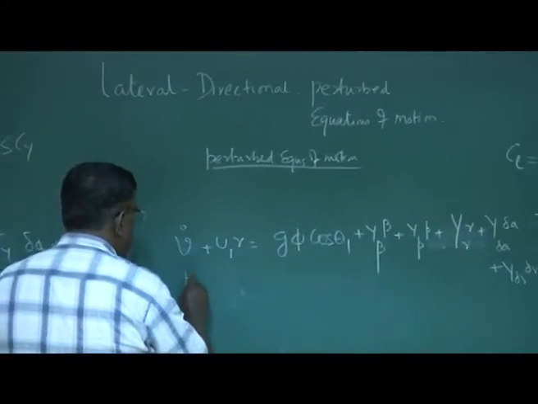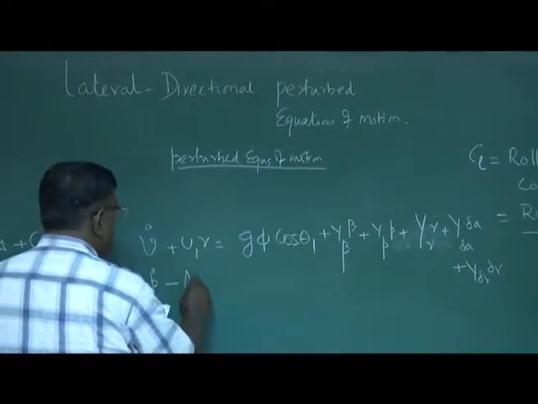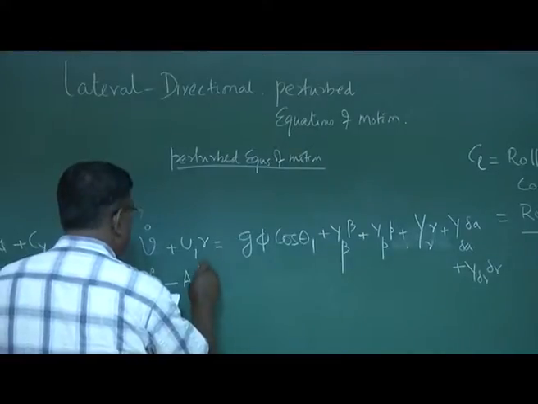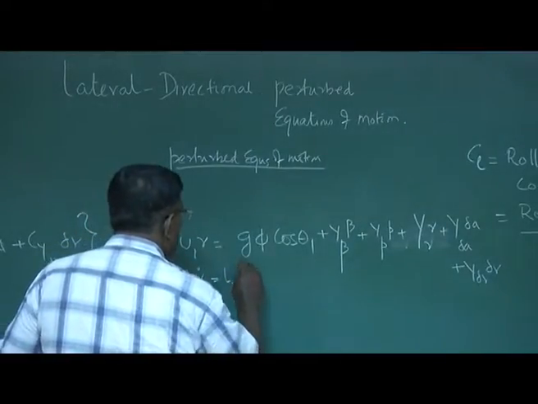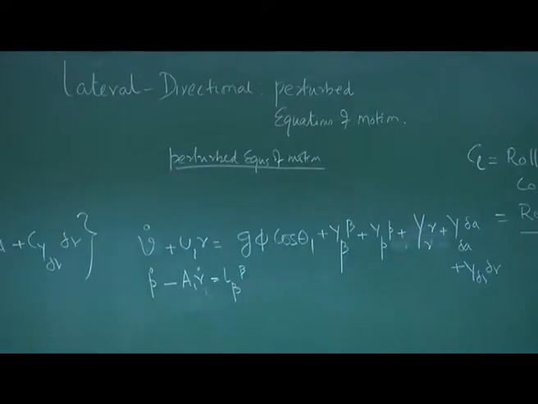Similarly, I'll get the equation p dot minus A1 r dot equal to L beta into beta, or let me write it in neater form.